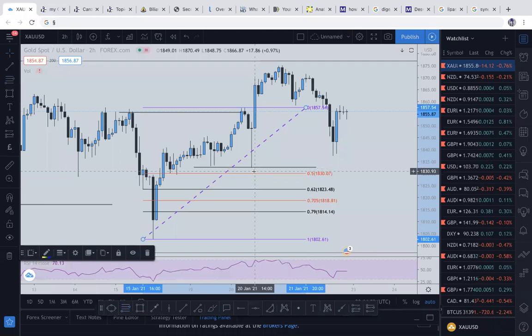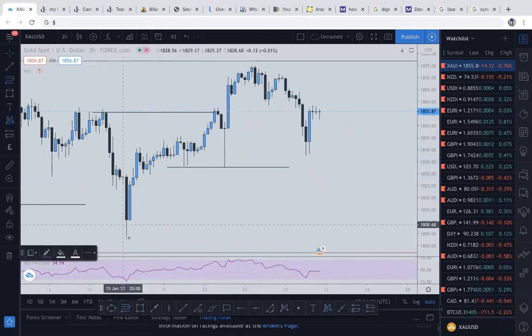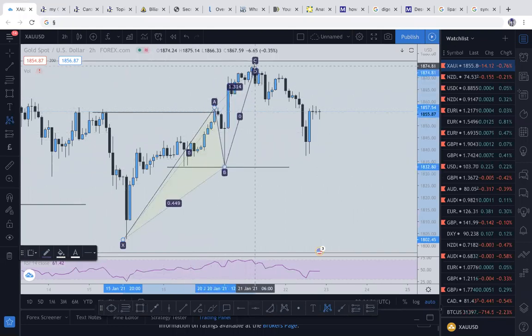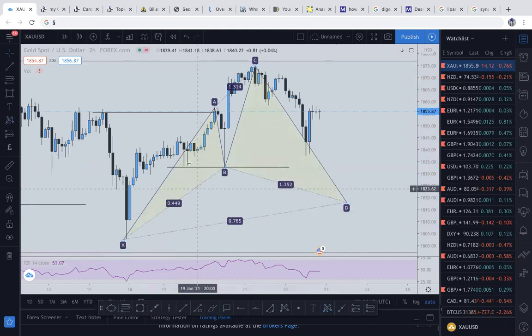We did not come into 50%. So there is a trade sitting down here. And that confirms why I have a cipher pattern sitting down here, because we did not do that 50%.